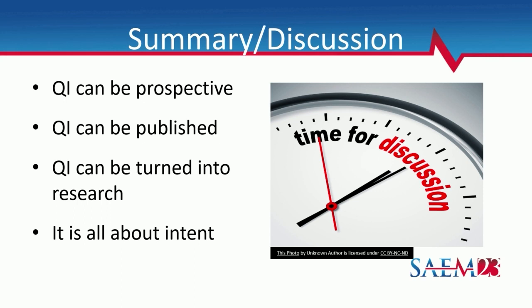And again, it can be turned into research if you are doing randomization, if you're looking at something new or experimental, and it's all about intent. It's thinking about what the goal of this process is, what you want to get out of it, and being very intentional in how you start it or how you continue to run it if you have an end product.